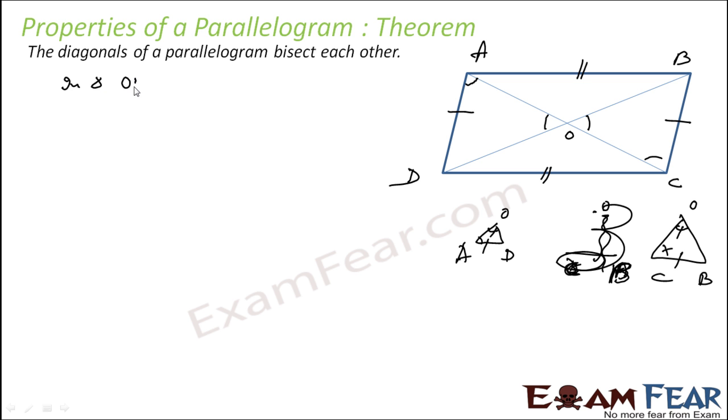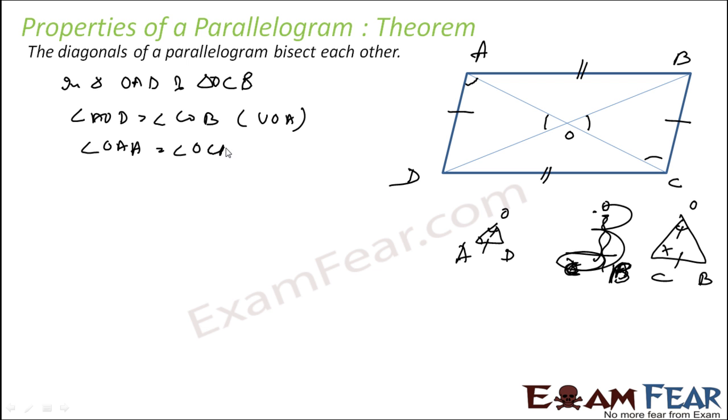So you can say that in triangle OAD and triangle OCB, angle AOD is equal to angle COB, vertically opposite angles; angle OAD is equal to angle OCB, alternate angles; and AD is equal to CB, opposite sides of a parallelogram.